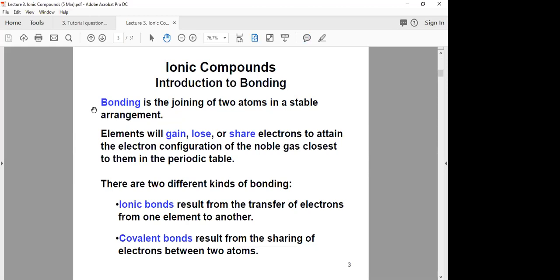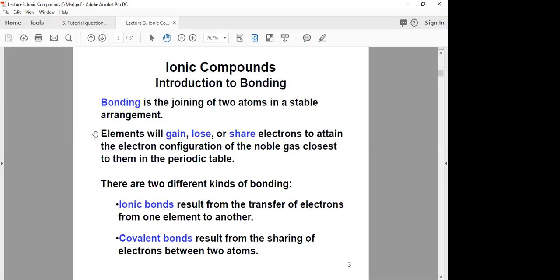Is that the ones on the outermost shell? Yes, correct. So the electrons found in the outermost shell that is occupied by electrons are referred to as the valence electrons. And these are the ones that tend to participate in chemical reactions.